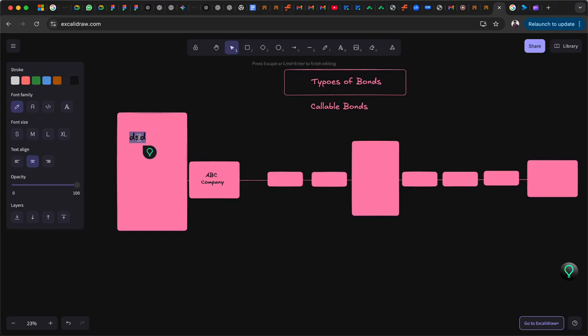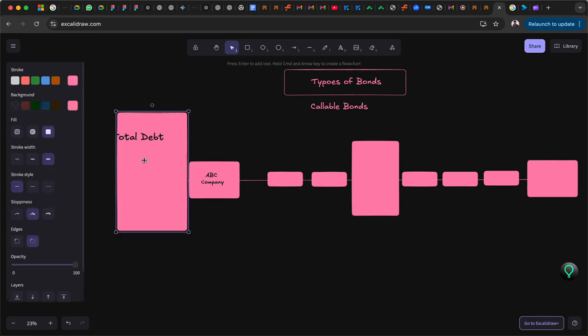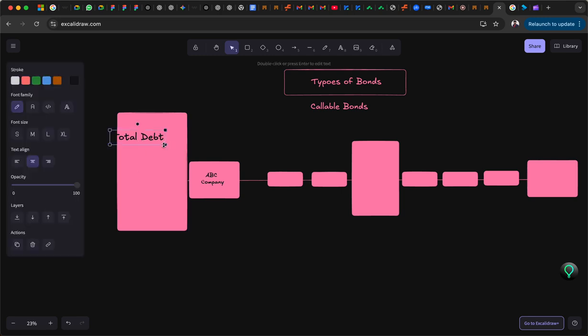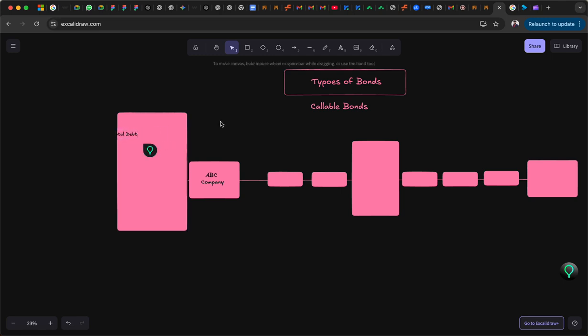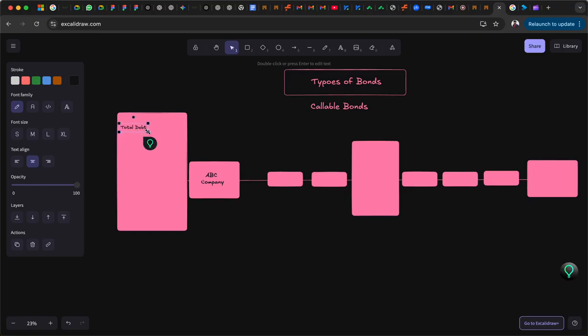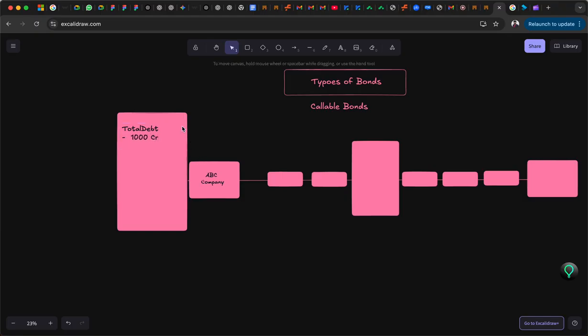Let's say debt size, total debt, thousand crores.